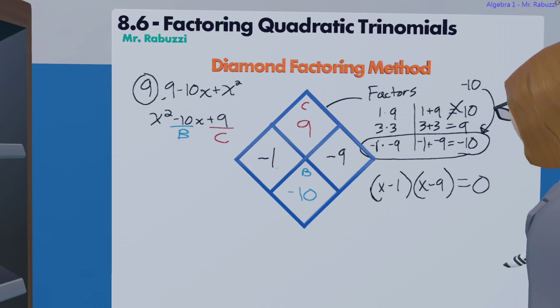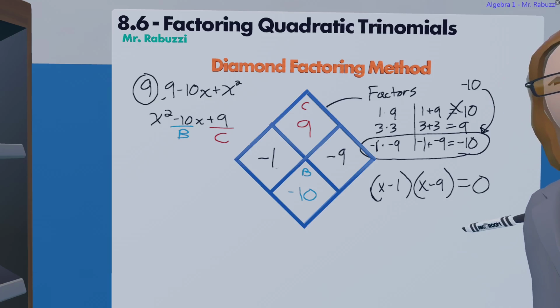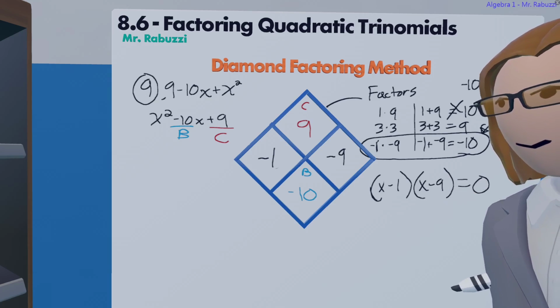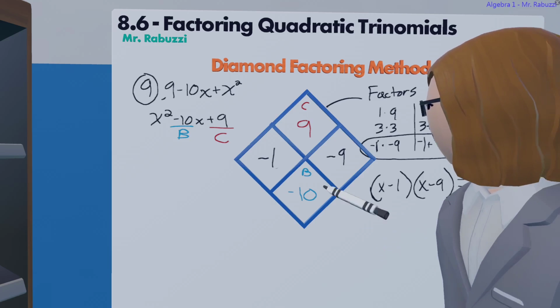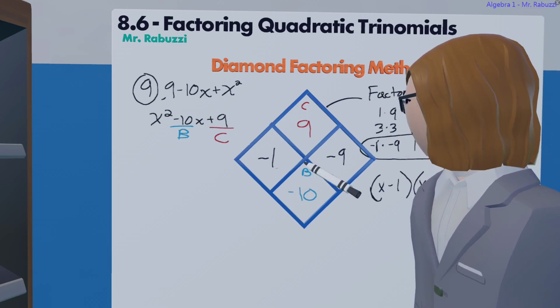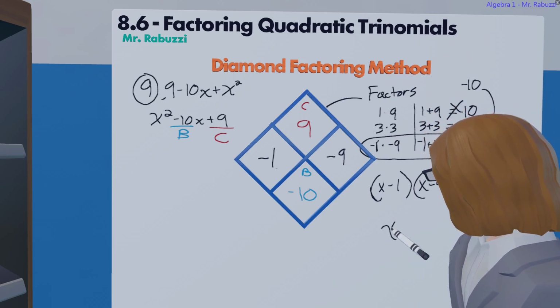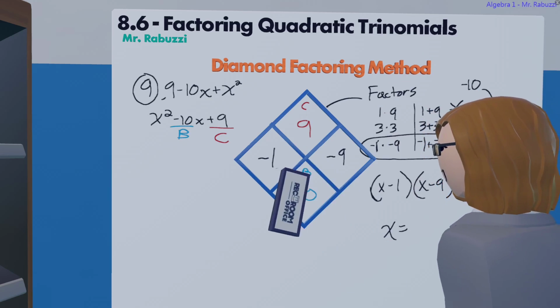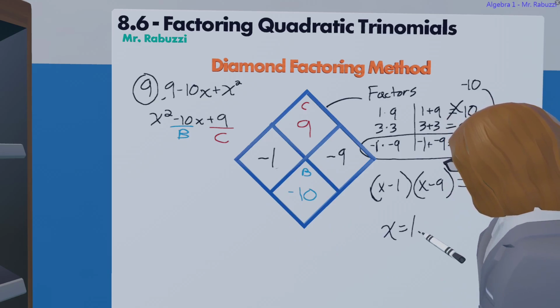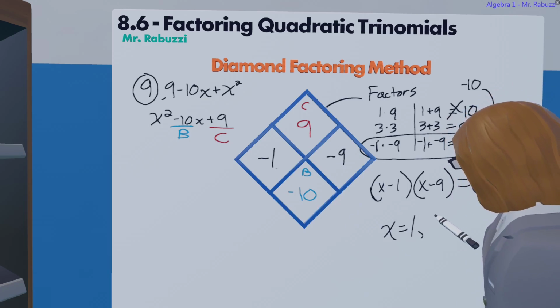Make them equal 0. We can make one orange, make one pink, solve two algebra problems. The answer we're going to get will be the opposite of these two numbers, which will be x equals not -1, but 1, not -9, but 9.